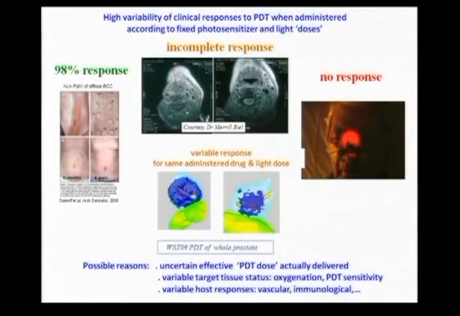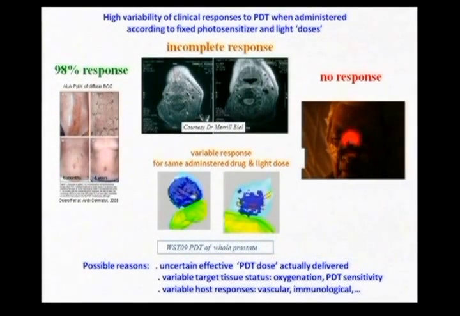Now, why is this important in clinical PDT? So we've had several talks on PDT, and this is particularly for cancer, but the same would be true of pathogens. So here are 4 different patients. This was a gentleman who we treated many, many years ago, or at least we tried to treat many years ago, who had nasopharyngeal cancer.